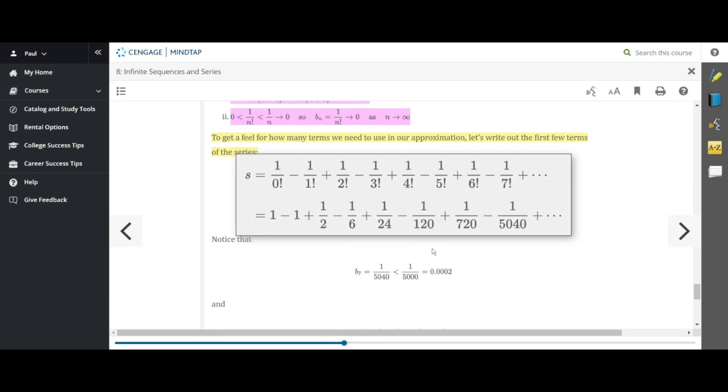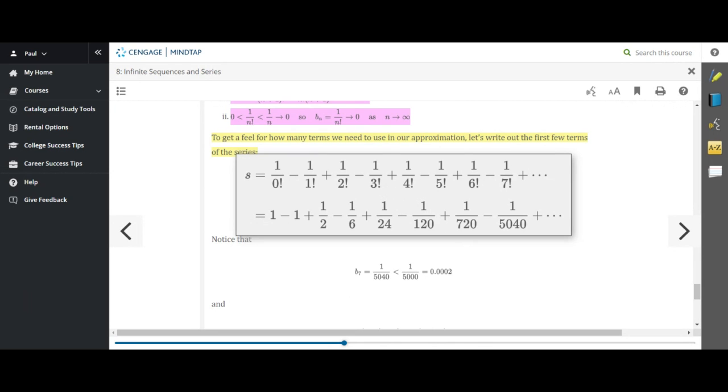Okay, now let me just go to the whiteboard here. So you see what they've done. They've converted the factorials into numbers, and when they get to this b sub 7 part, they do it a little differently than I would do it.